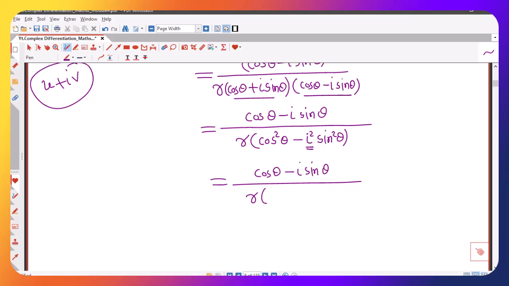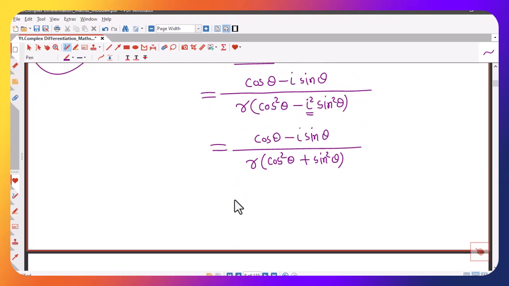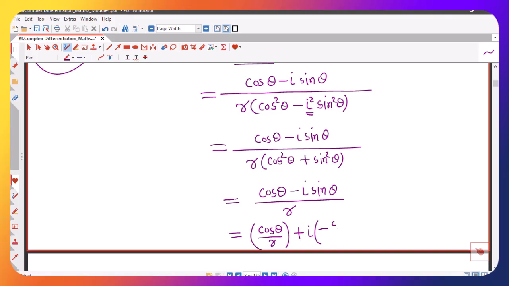Now we know that i square is minus 1, therefore we will have cos square theta plus sin square theta using i square equal to minus 1, and we know that cos square plus sin square is 1, therefore we are left with cos theta minus i sin theta divided by r, and therefore we can rewrite this as cos theta divided by r plus i times minus sin theta divided by r.